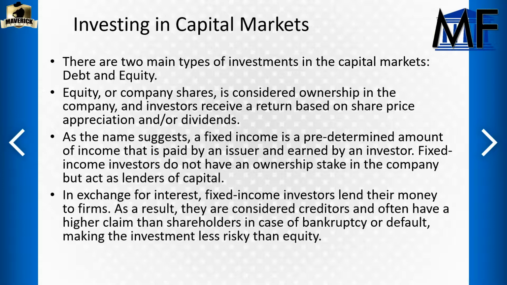You're giving this business, it could be a government, governments sell fixed income, but basically you are giving them money, and with that, they have a predetermined amount that they're going to pay you, a certain interest rate that is attached to that. It could be 5% annually, 3% annually, 12% annually, depending on what is agreed to, basically.